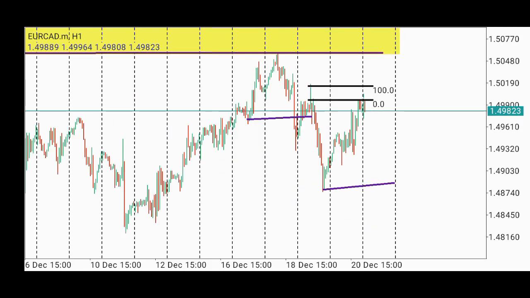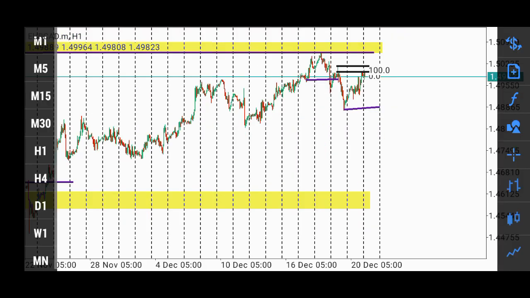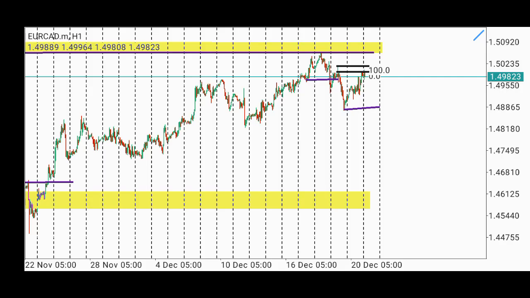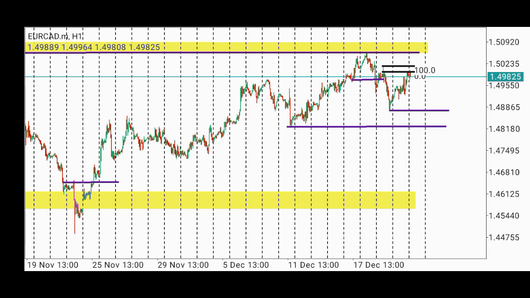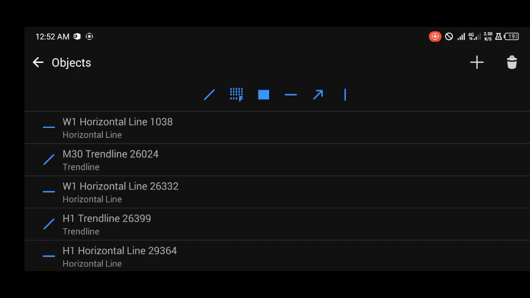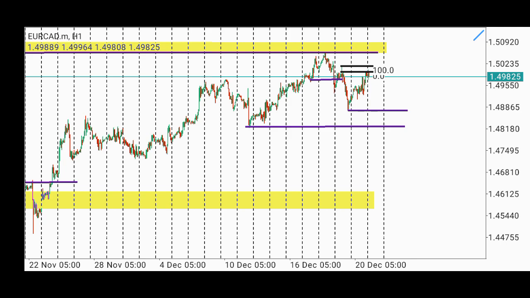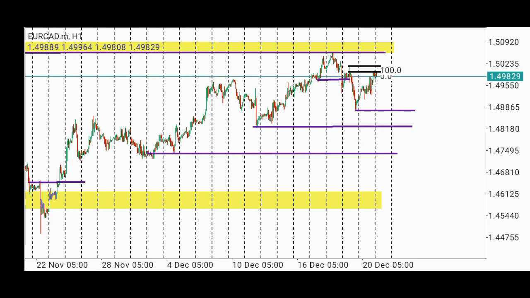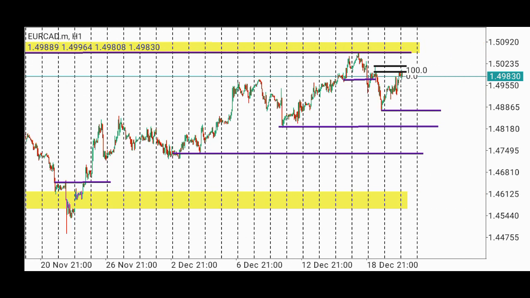The next level target will be at this point, right? The next level target should be at this point. First, take profits, right? Second, take profits, right? You can also target this point, this low here, before you finally come back to this point.